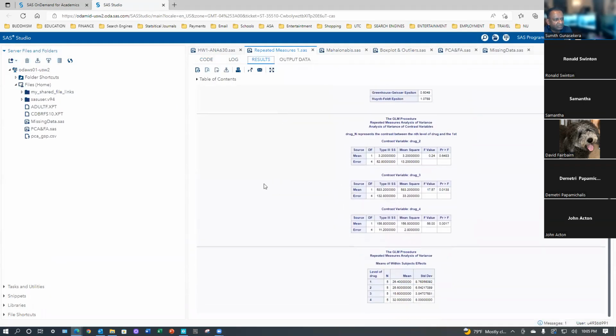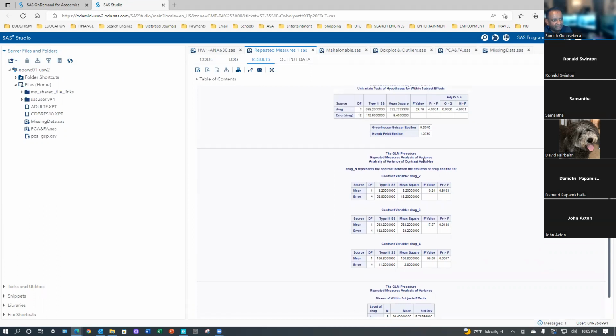All of that information is already shown over here. See, contrast variable, drug. With respect here, they did repeated measures analysis of variance of the contrast variable; drug n represents the contrast between the nth level of drug and the first one.